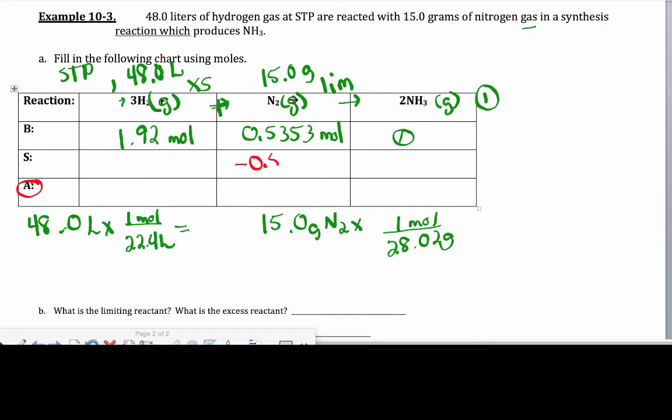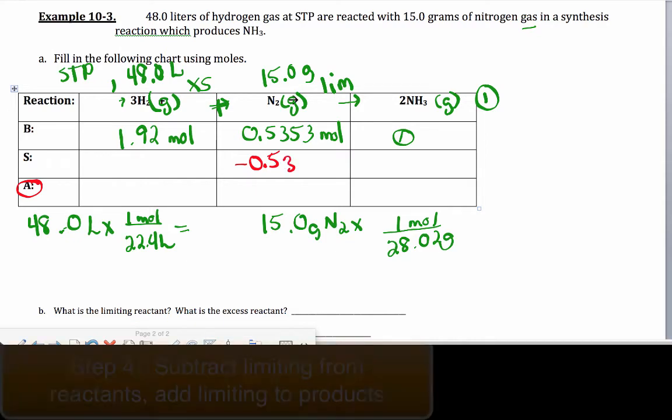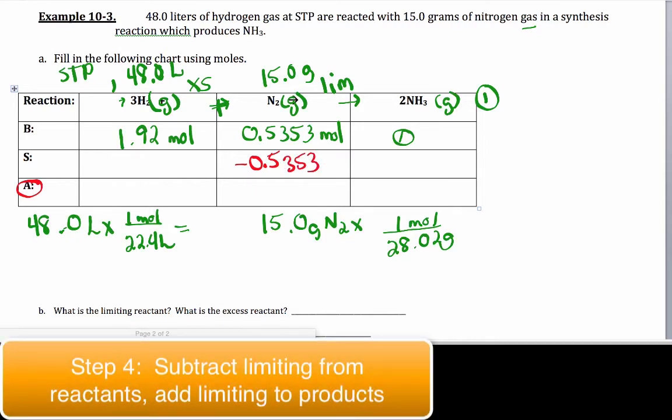So our next step is to write down our limiting. Now remember, we lose reactant, we gain product, so we want to put those signs in. And then we want to go through and write our limiting amount on each one, plus 0.5353.